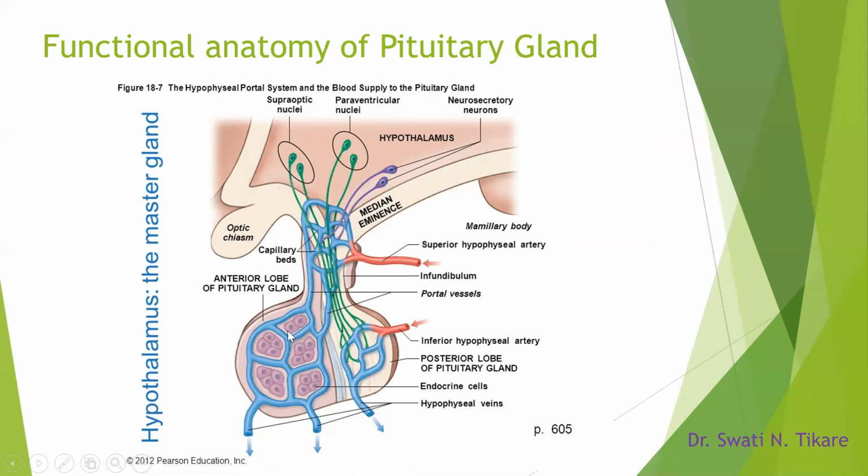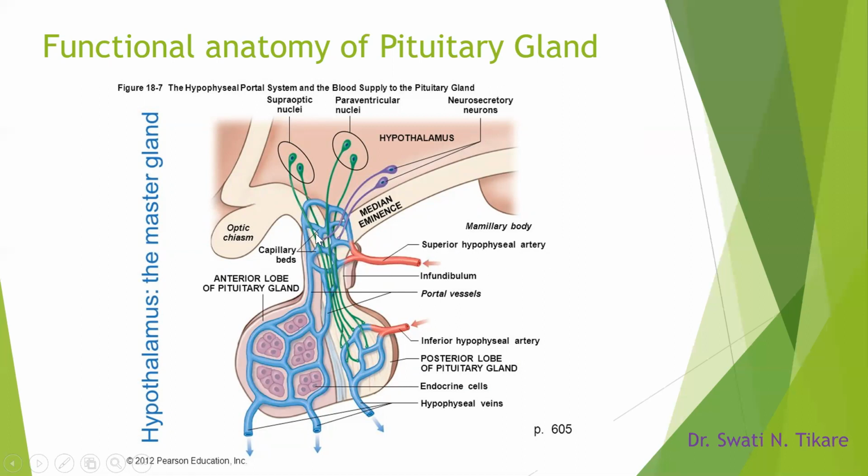The anterior pituitary, as I said, is richly vascular. There are two capillary systems, one at the top near the hypothalamus, one at the bottom near the anterior pituitary. This capillary plexus is supplied by the superior hypophyseal artery.